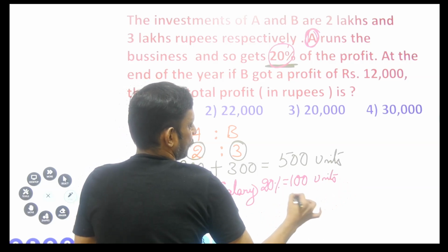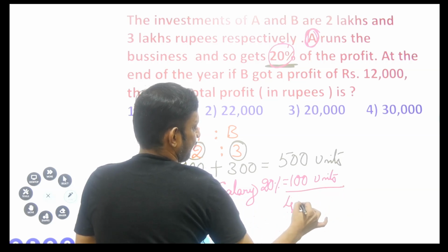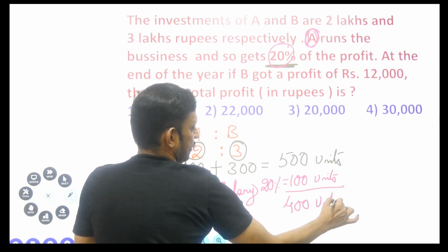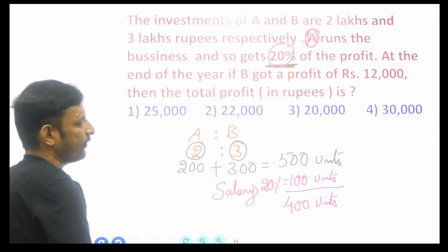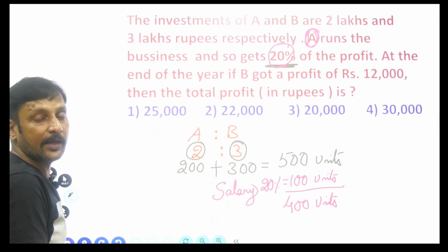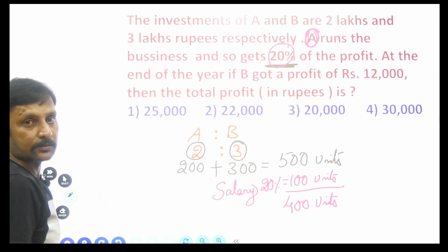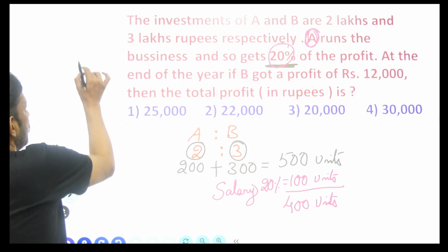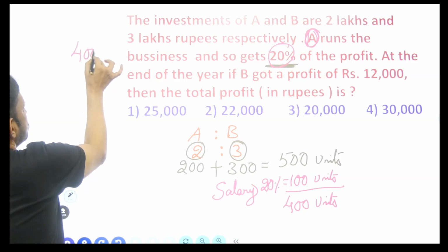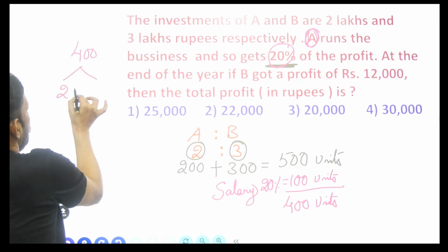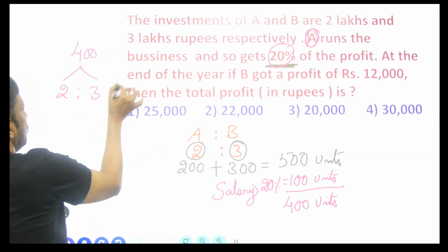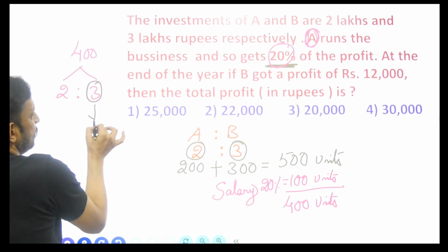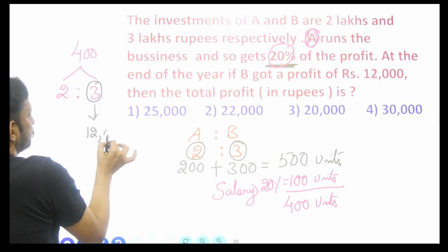Now the remaining share left is 400 units. After deducting the salary of A, the remaining profit has to be shared between A and B according to their investment ratio. Now, the remaining profit of 400 units is shared between A and B in the ratio of 2:3, and the share of B is clearly given in the question itself as 12,000 rupees.